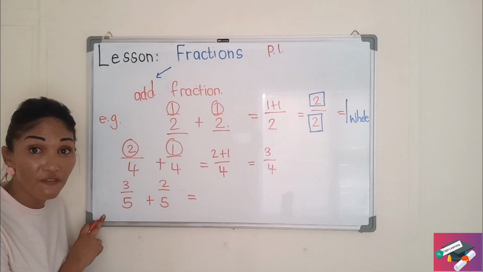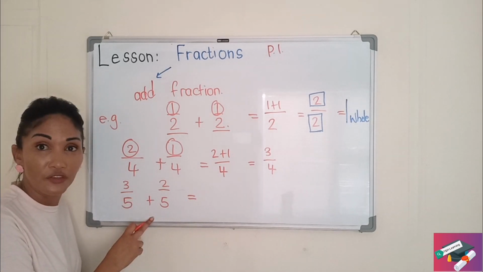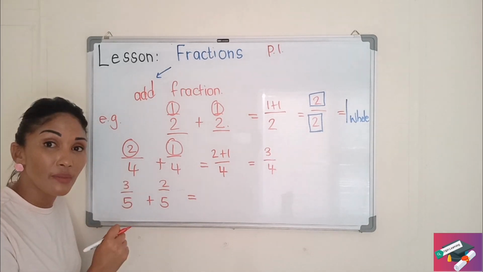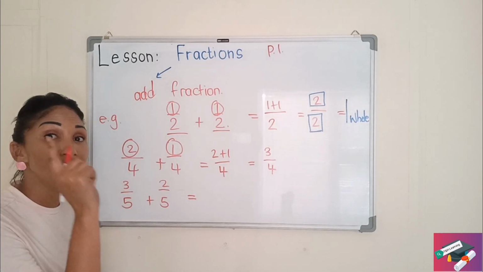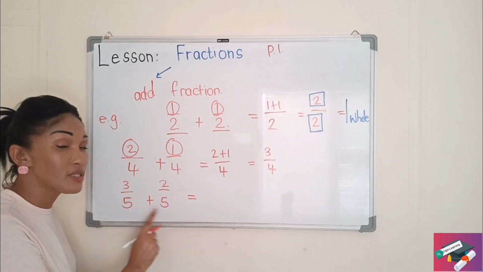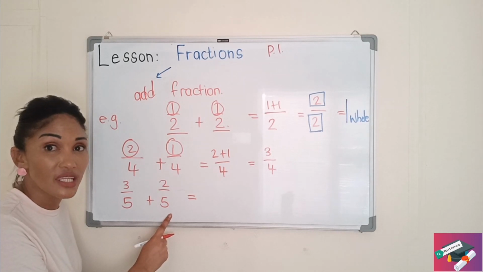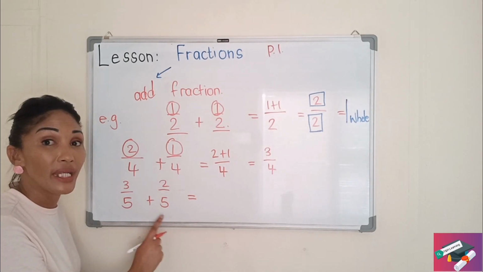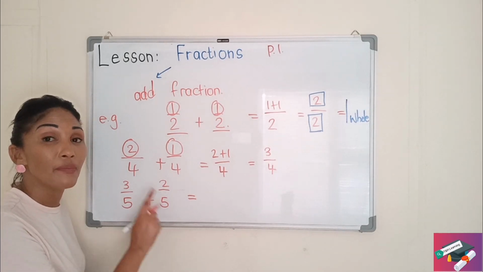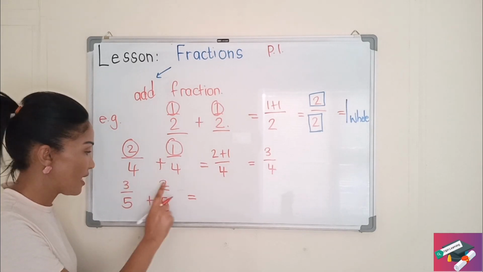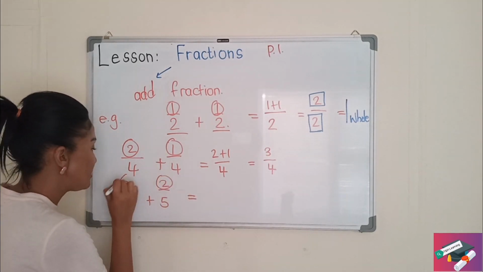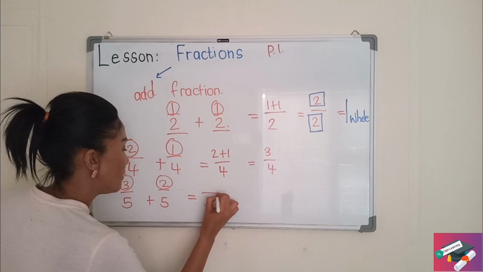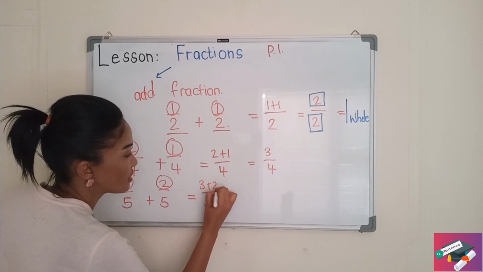Good, I've got 3/5 and I've got 2/5. When I add them together, I look at my denominators. Are my denominators the same? Yes, they are. So when my denominators are the same, I add my numerators together. So I need to add my 3 and my 2 together.